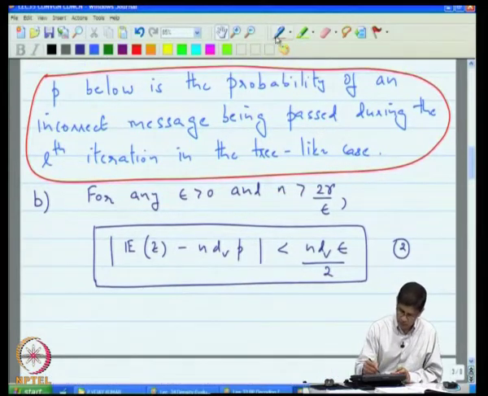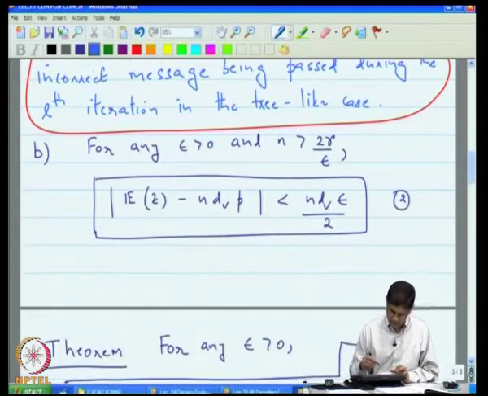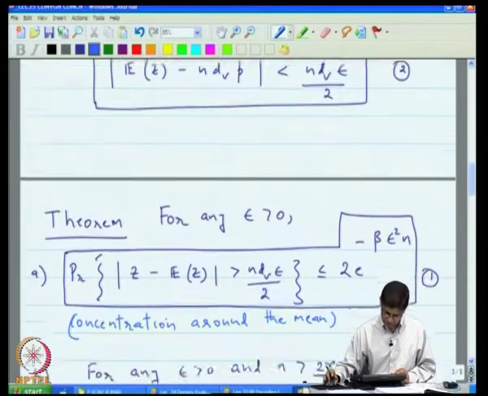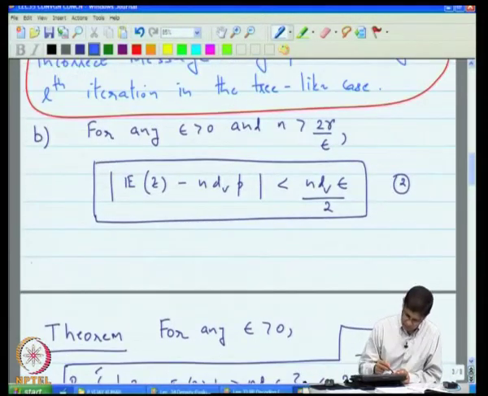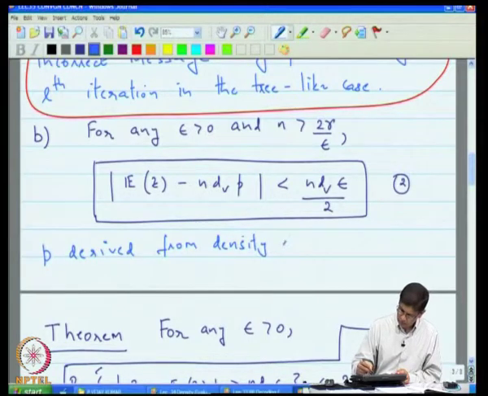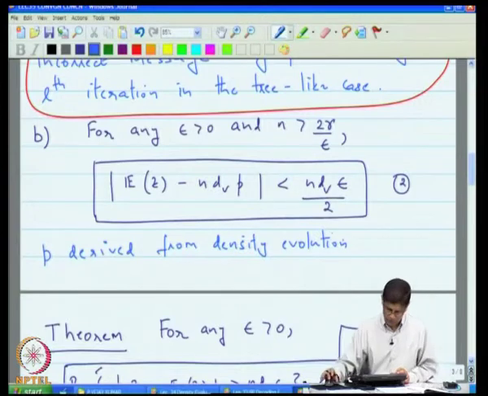So let us just make a note that it is derived using density evolution.